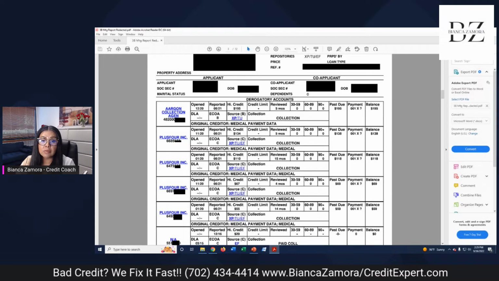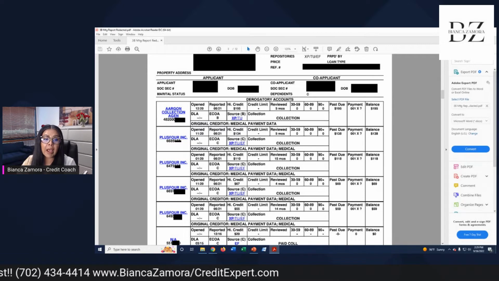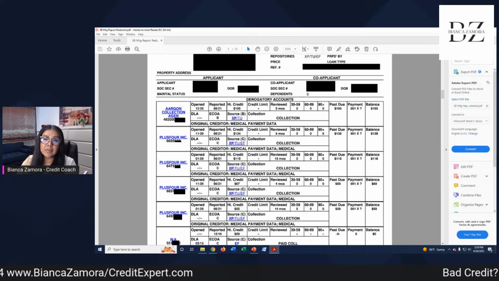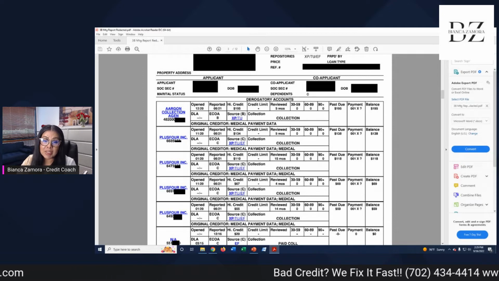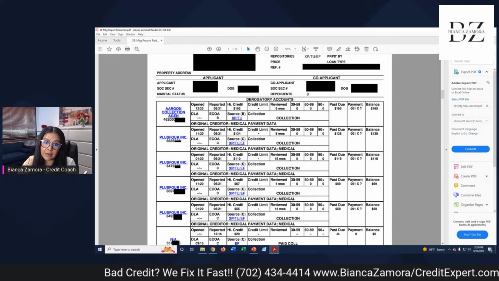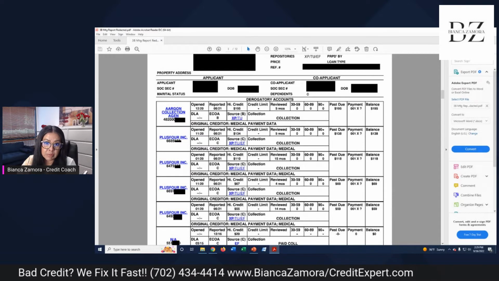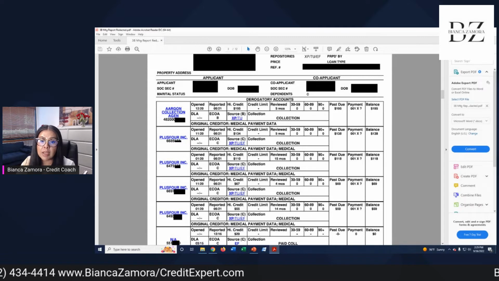To the right of reviewed is the pay history. It talks about how many 30 to 59 day late payments have been reported on this account. As you can see, there's 0, which is fairly accurate because typically collections should not have any kind of payment history as far as being late. They've already gone as late as they could be once they went into collections.